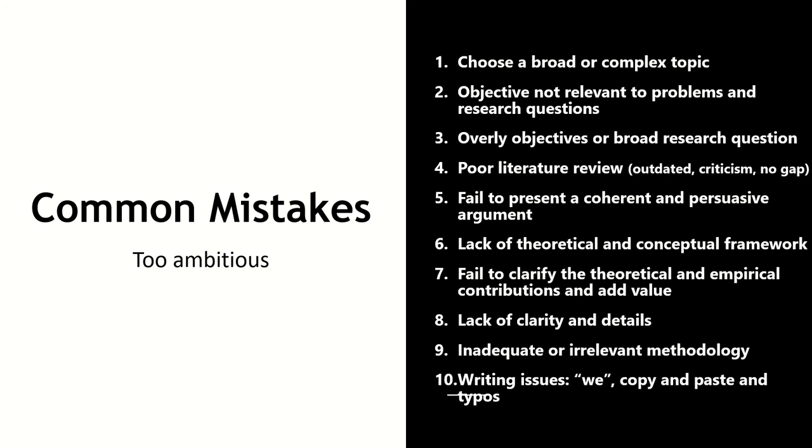The second mistake can be about the relevance of different components of the research project. For example, the objective of the project is not relevant to the problem, or is not relevant to research questions. So you make a list of objectives, but they are different than your research questions.